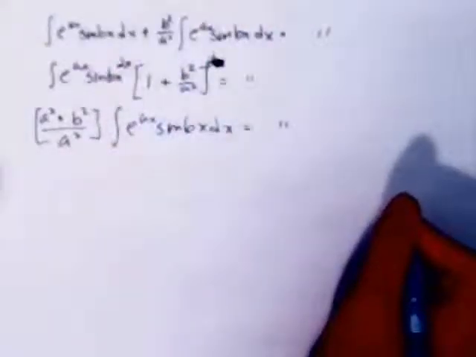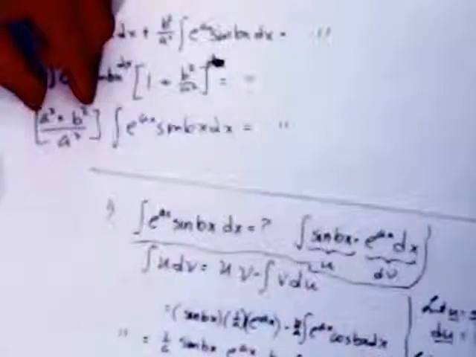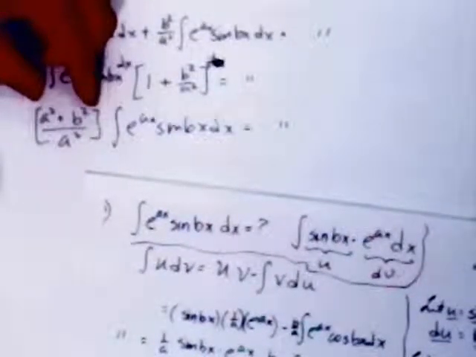Solving for this was the original problem right over here, so that's what we're trying to solve for. I have to get rid of this factor on the left side. I'm going to multiply by the reciprocal.